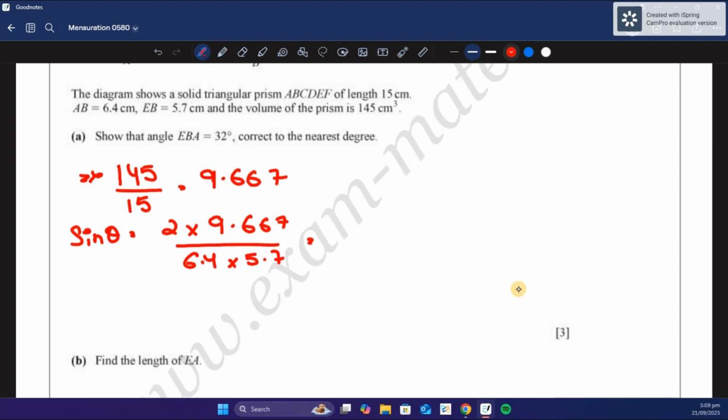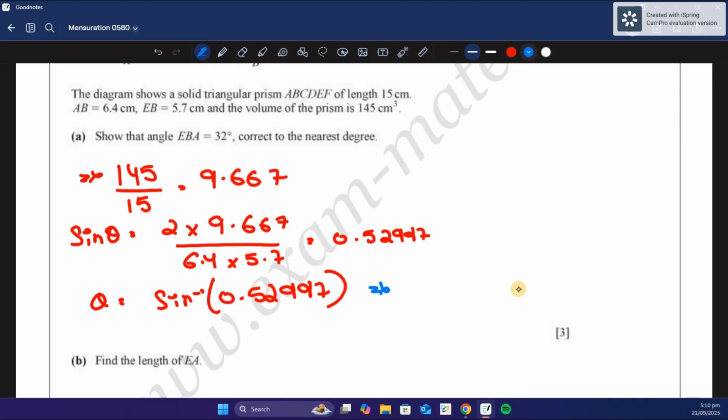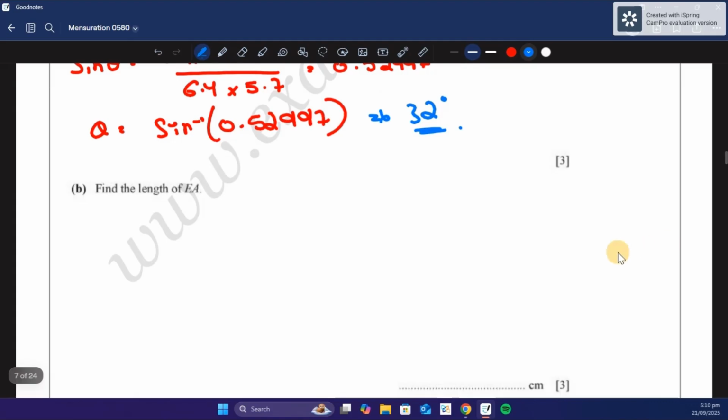That is going to give us 0.52997, and theta is going to be sine inverse 0.52997, and that would give us 32. Alright, part B. Find the length of EA.